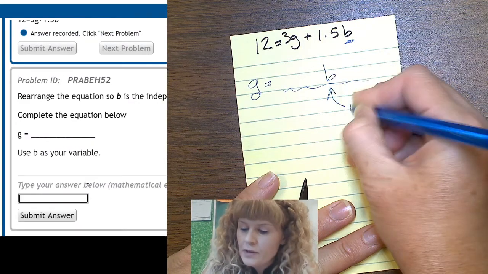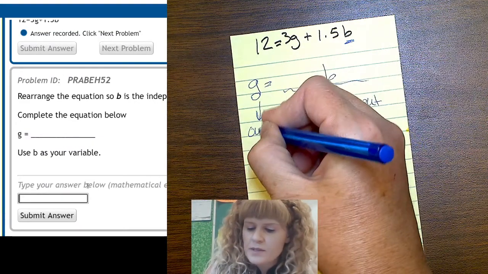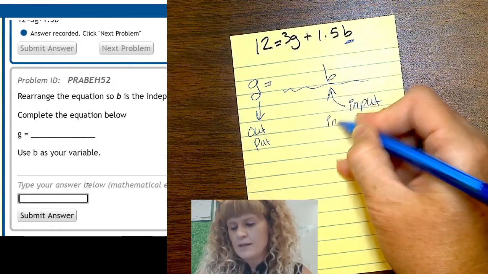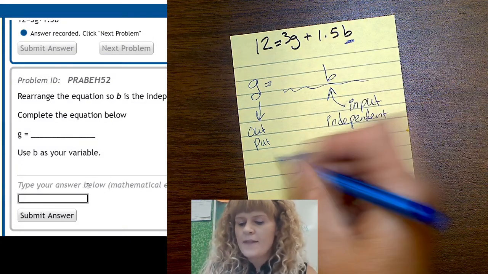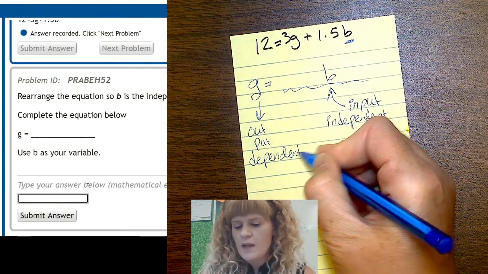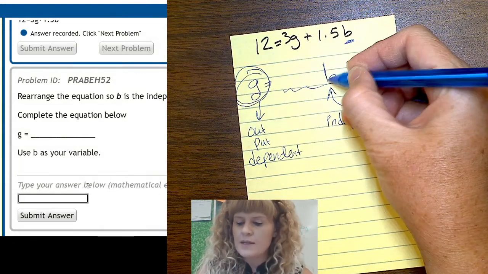Because our input goes in and we get the output out. That input is the independent variable, and the output is the dependent variable. So in other words, the output depends on what the input was.